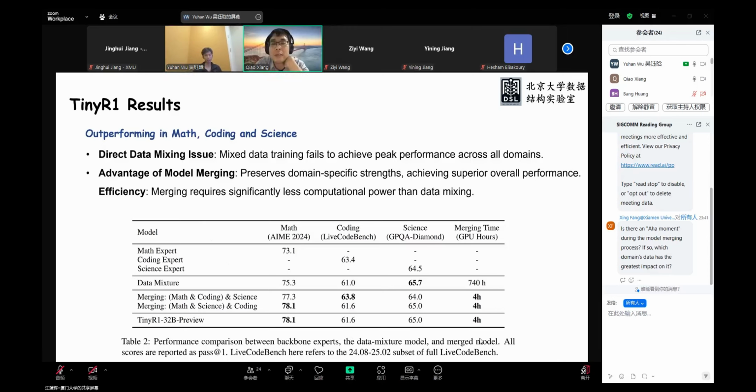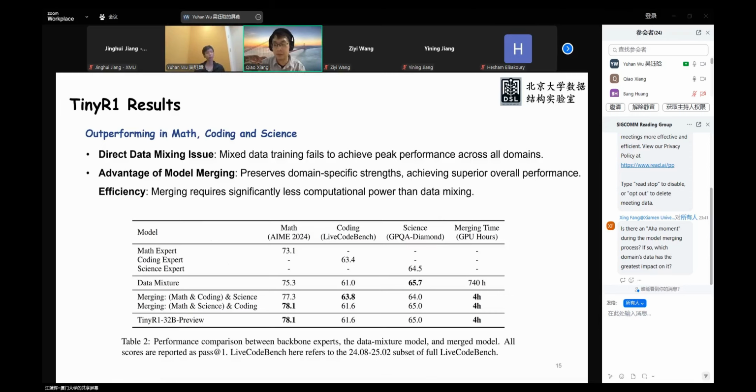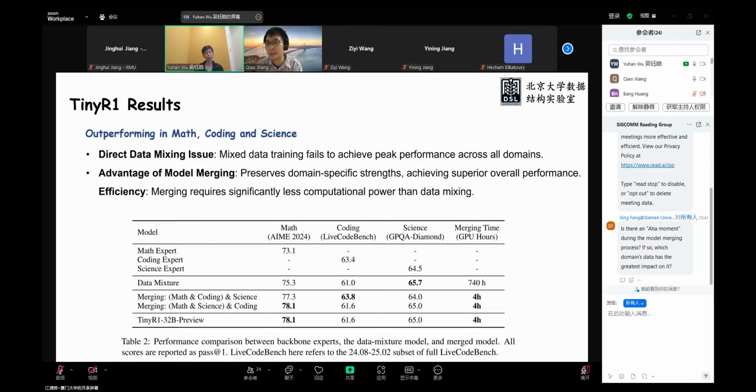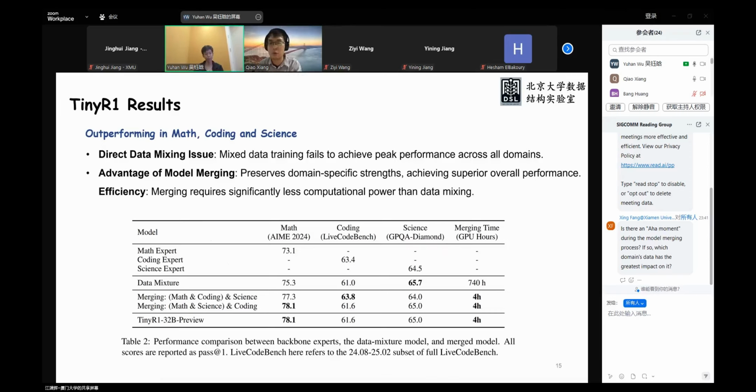I'm wondering, say we only have two models, math and coding, for example. So you do this branching, and you have two branches, one math branch and one coding branch. After the branching, I test the fine-tuned model of the coding branch on coding tasks and get certain performance scores.